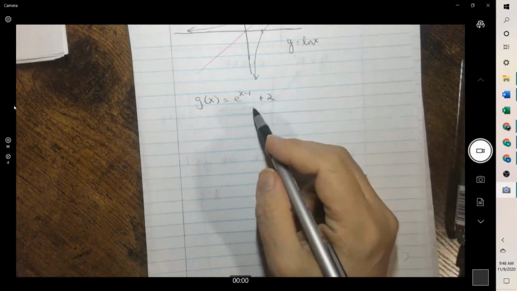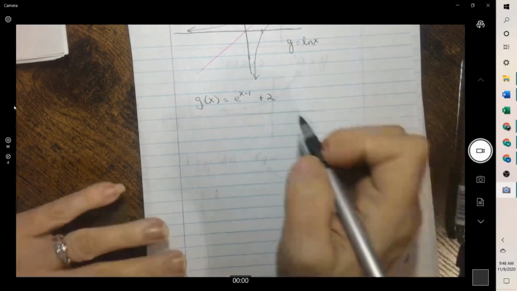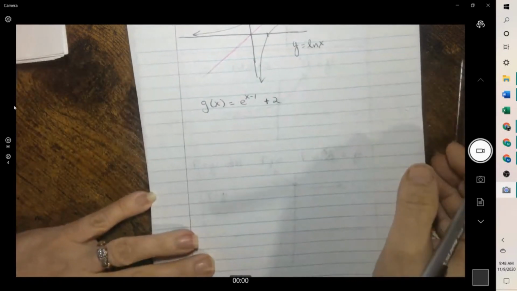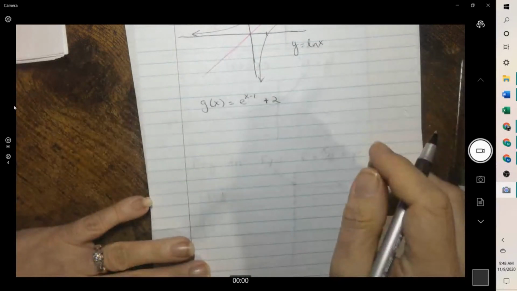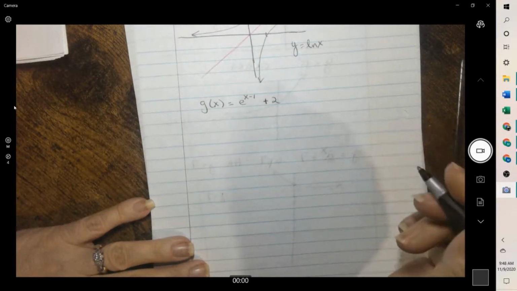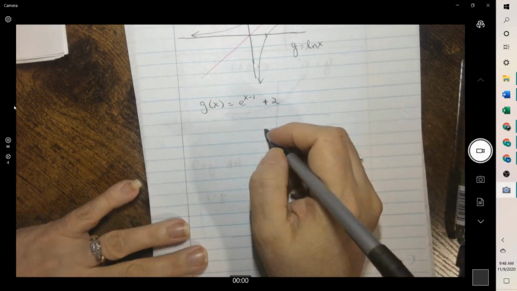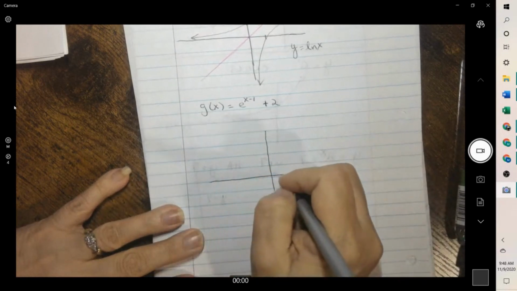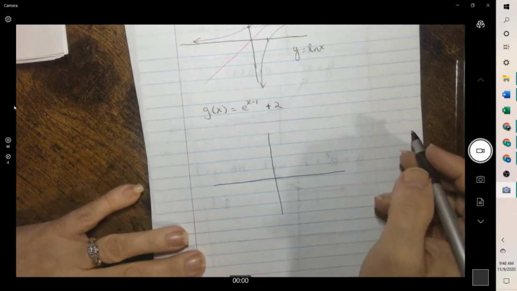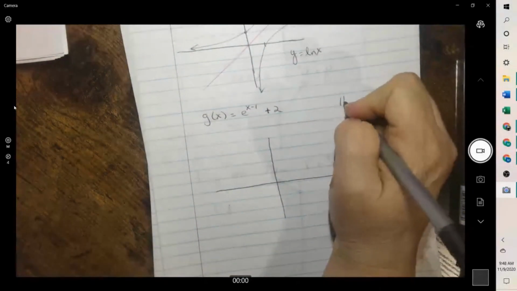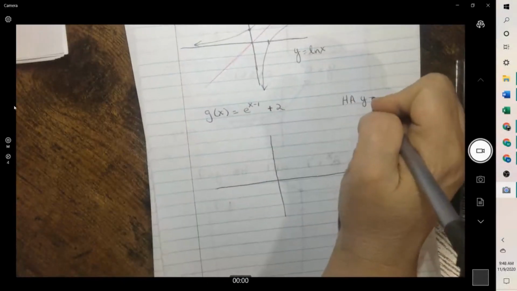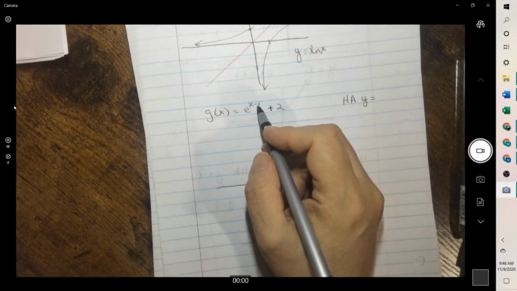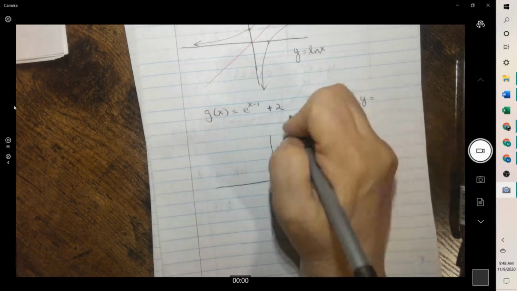Okay, so let's graph this one. So this is going to move us right 1, up 2.